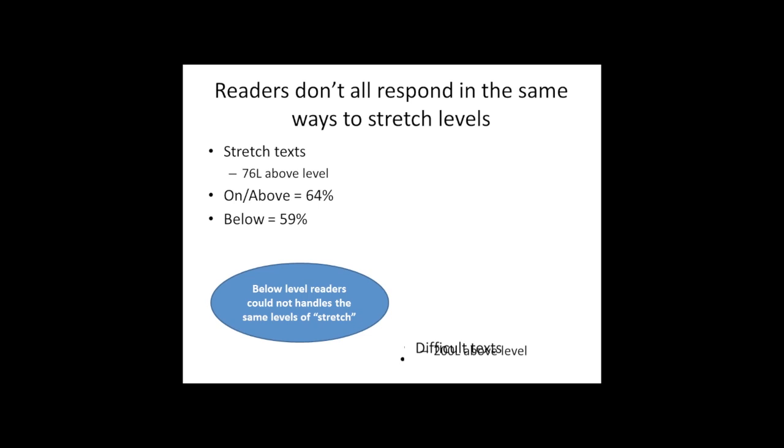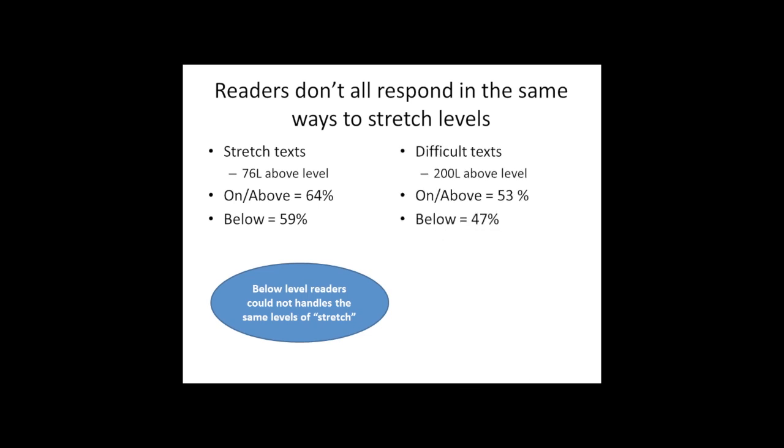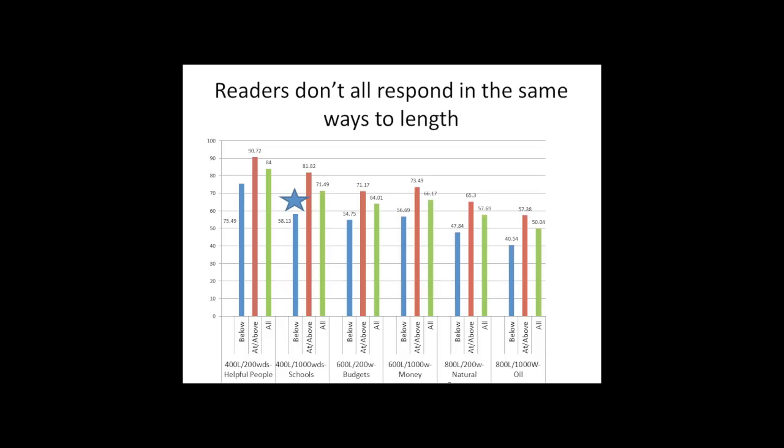The same thing occurred with the difficult texts. When we looked at length, we had the same kind of thing going on. The red bars are the at or above level readers, and the blue are the below level.